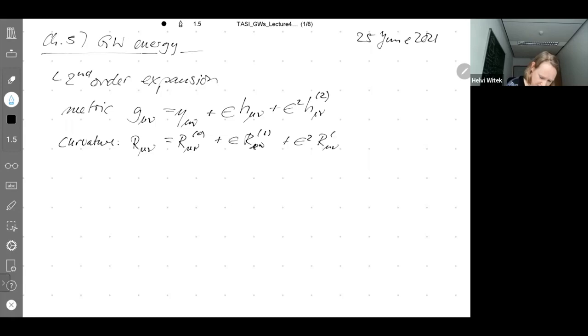So let's schematically at least identify how these different contributions look like. For that, let's just write down the Ricci tensor explicitly in terms of our Christoffels. I know you're probably all familiar with this expression, but for the sake of the argument, let me just write this out once.